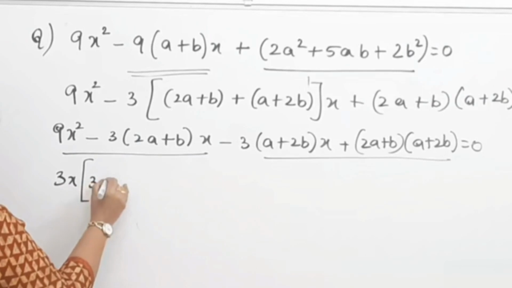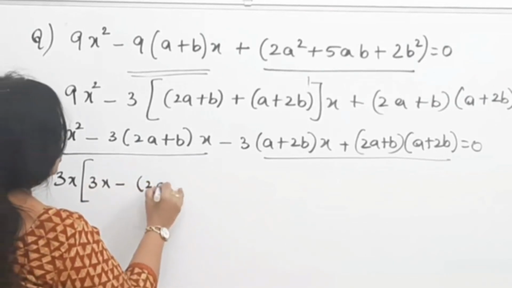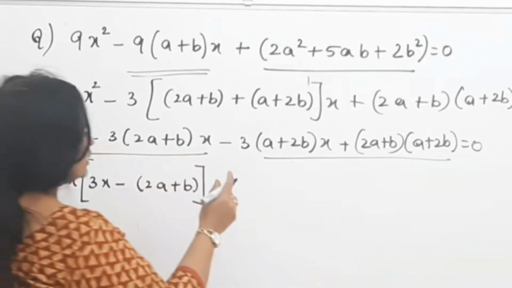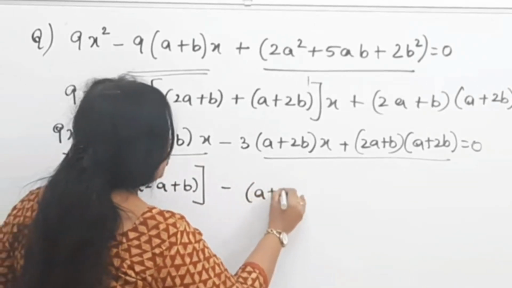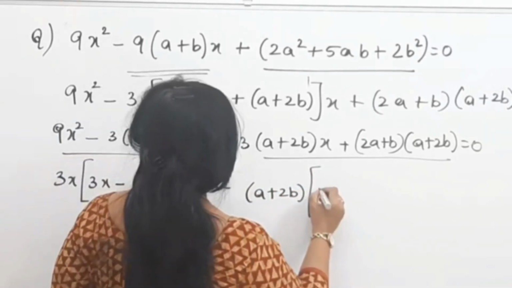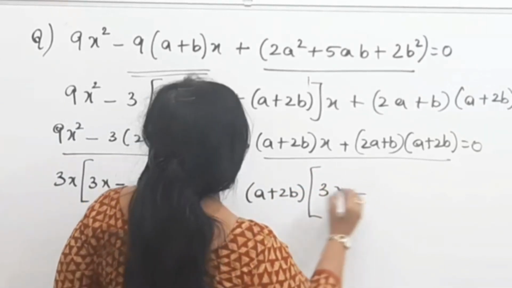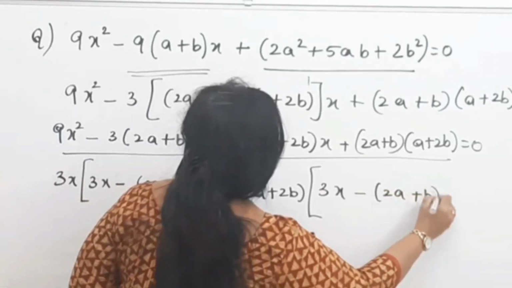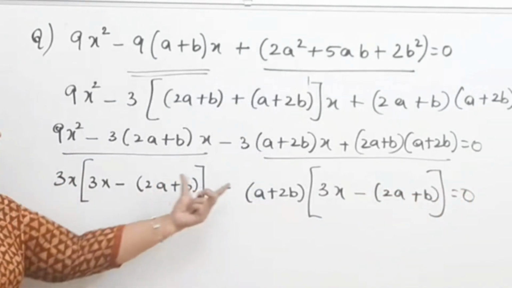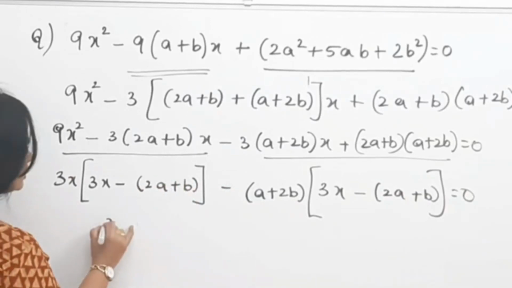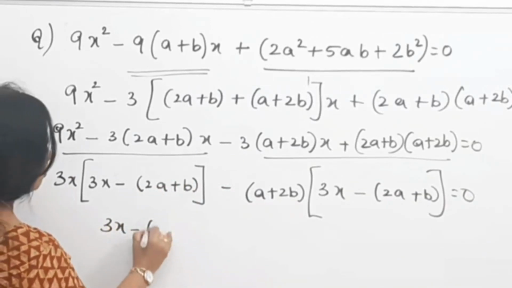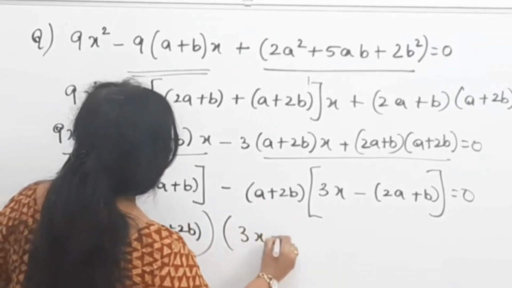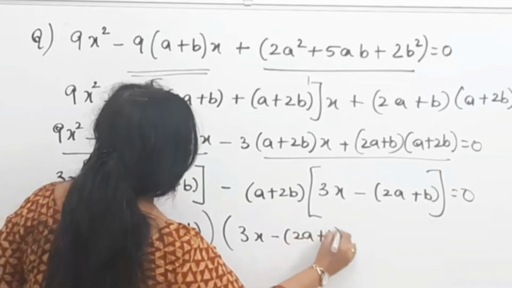So I'm left with 3x minus of 2a plus b, minus, here I would take out a plus 2b is taken out, 3x plus minus is taken, so I would be left with minus 2a plus b, as simple as this. The same term I got. Now my factors again become 3x minus of a plus 2b into 3x minus of 2a plus b equal to 0.